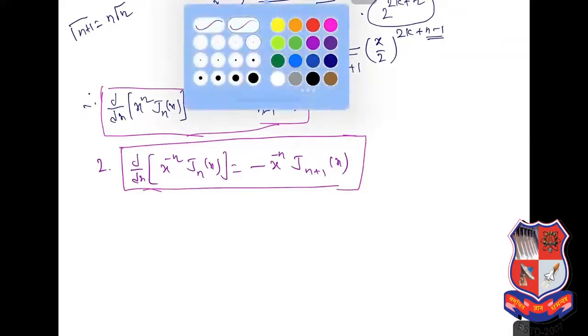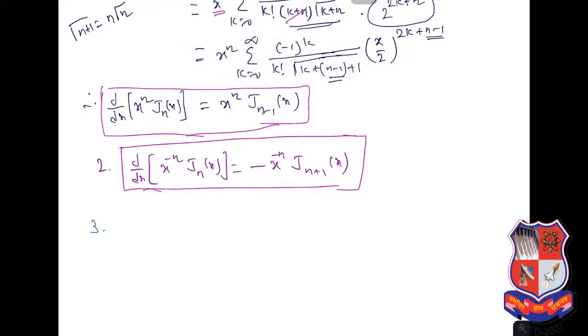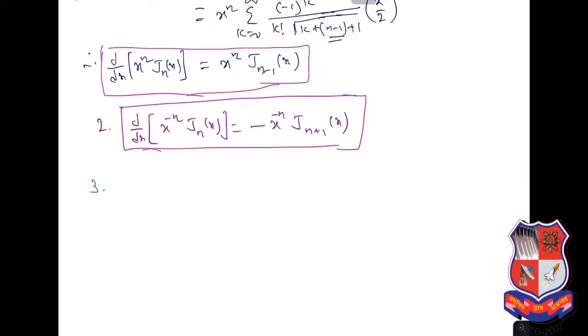The third one here is Jn dash, that means derivative at x, of x plus n by x Jn x, equal to Jn minus 1 x. So let us now prove this.